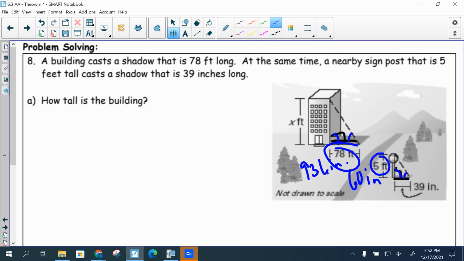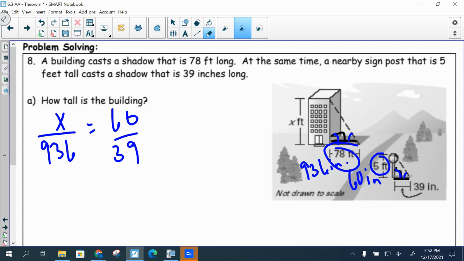So then you can do a proportion here. You can say x divided by 936 equals 60 over 39. I might simplify that first before multiplying. I know they're both divisible by 3, so that would be 20 over 13.